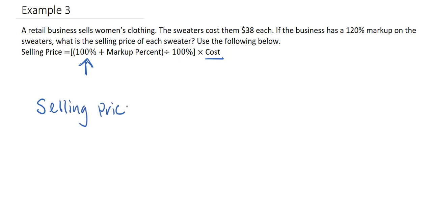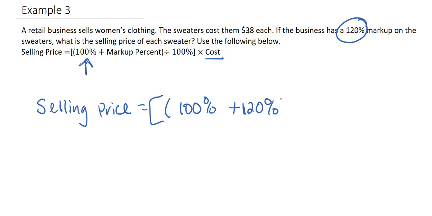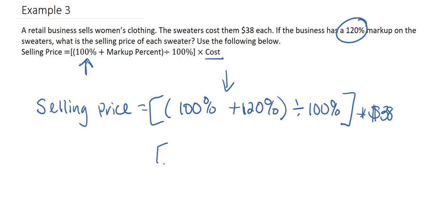So the selling price now is equal to 100% plus 120%, but we're going to divide that by 100%, and then multiply it by the cost, which is $38. So let's go ahead and get the calculators out. We're going to start with the innermost, which we already know: that will be 220%, and then we divide that by 100%.